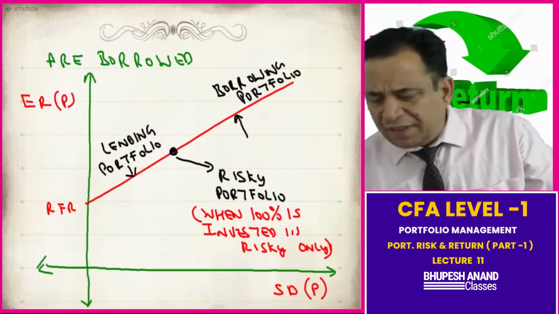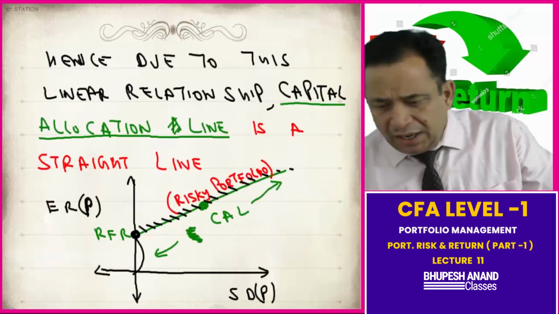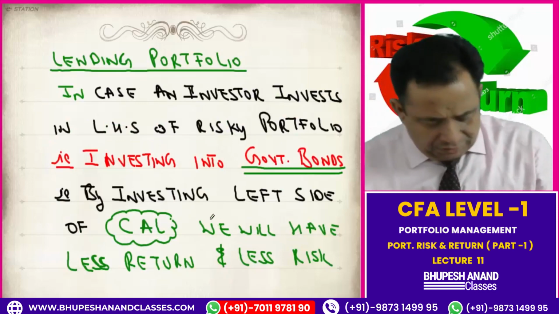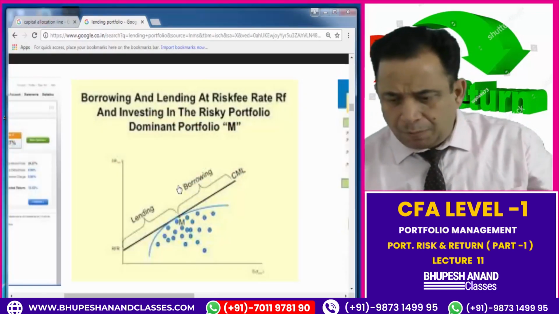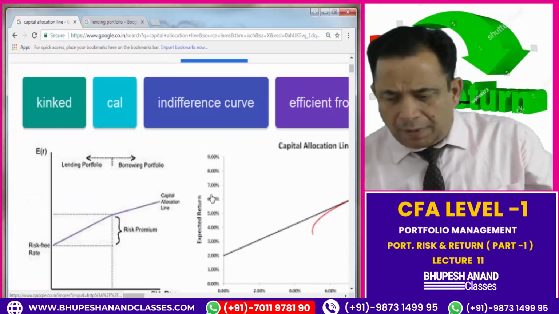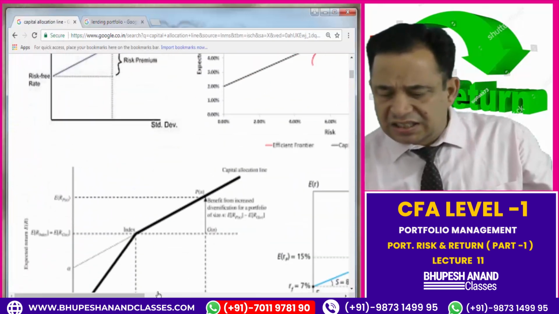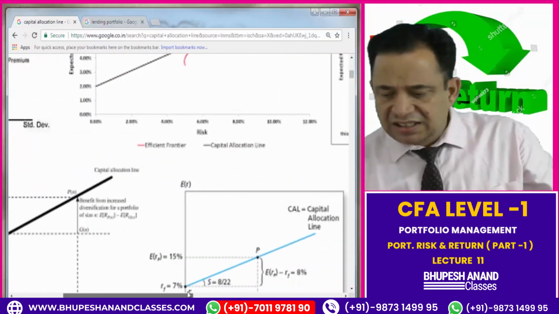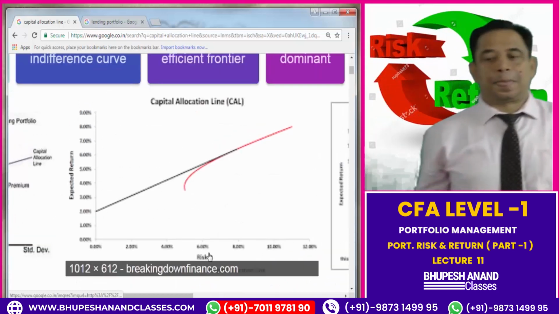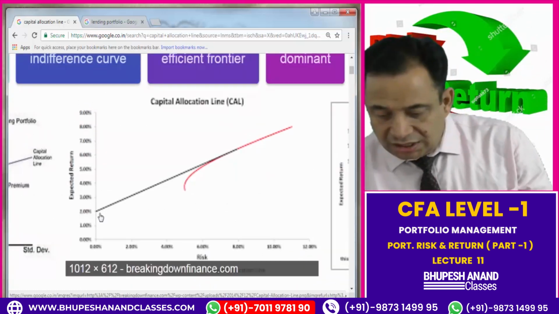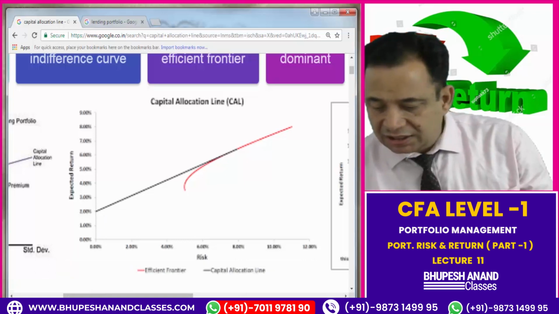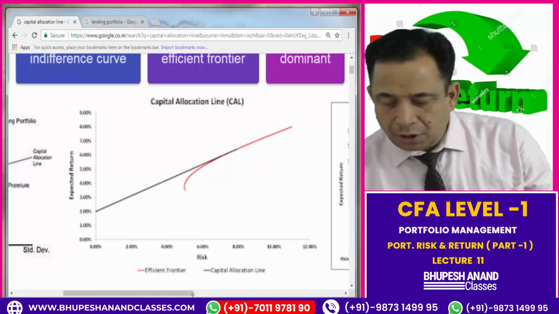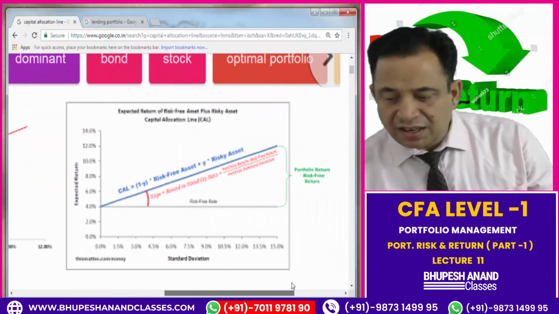Now, what is the meaning of capital allocation line? I have already asked something from Google Baba. Now see the Google result. This is the capital allocation line. You see these lines are starting from risk-free rates, because the investor will be investing in risk-free.